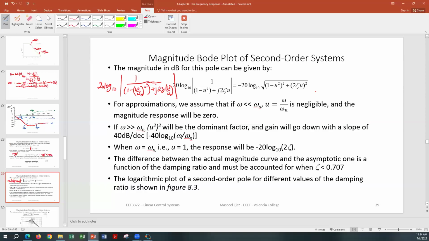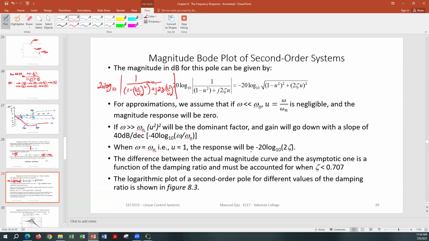Now the approximations for the Bode plot. We assume that omega is quite smaller than omega n, and generally we assume 1/10, as long as omega is 1/10 of omega n, so 0.1 times omega n.